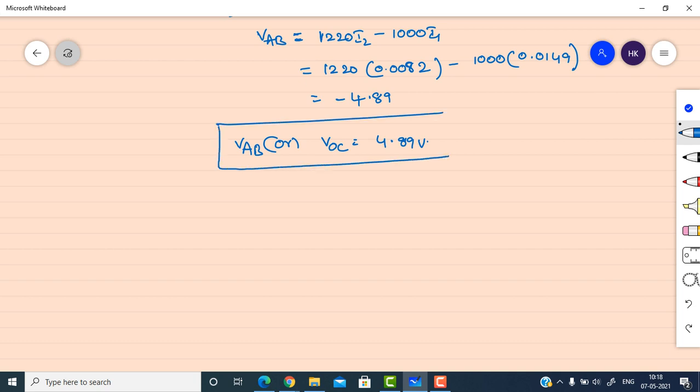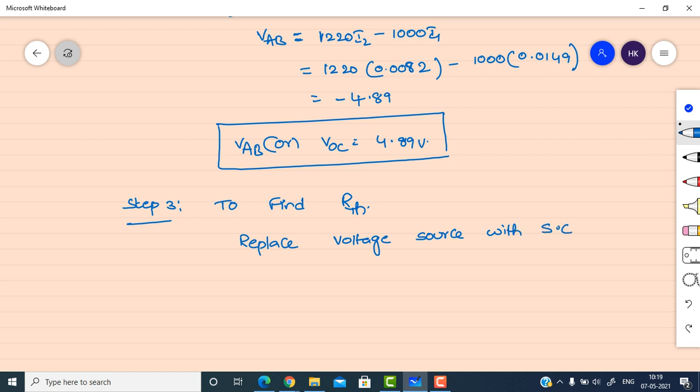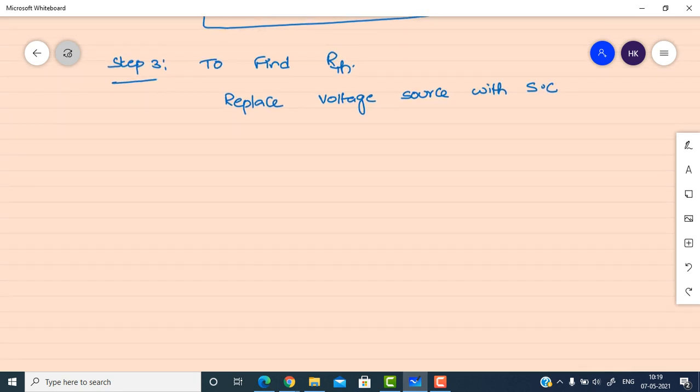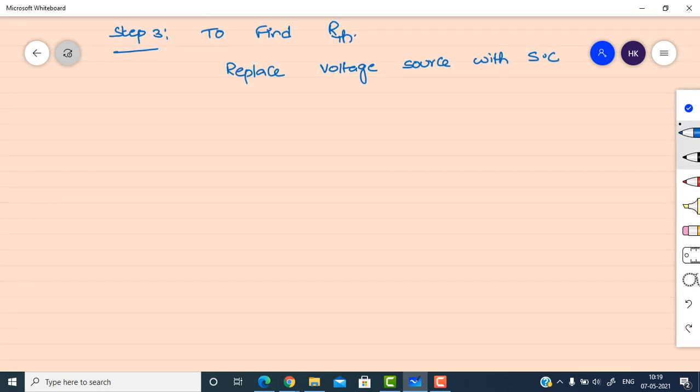So next we have to find out R Thevenin. To find R Thevenin, we have to replace the voltage source with short circuit and redraw the remaining circuit.